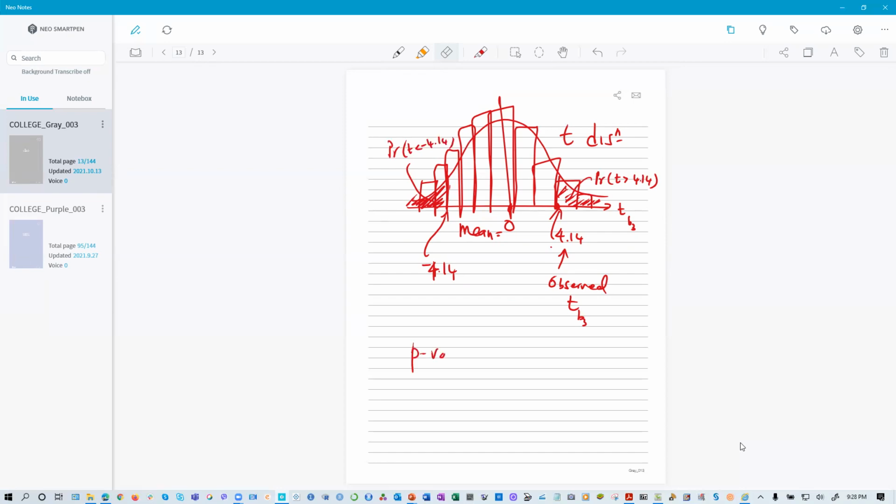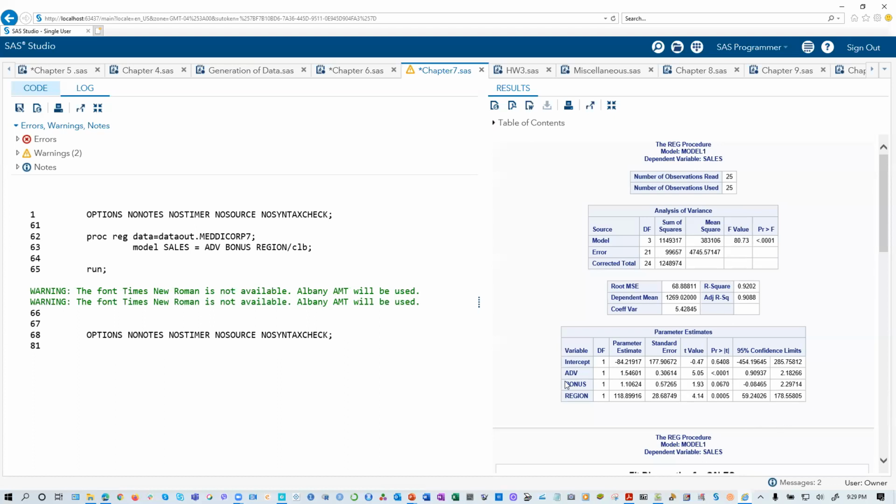The P value is nothing but the sum of those two, probability T greater than 4.14 plus probability T less than negative 4.14, which we already found here: 0.0005.